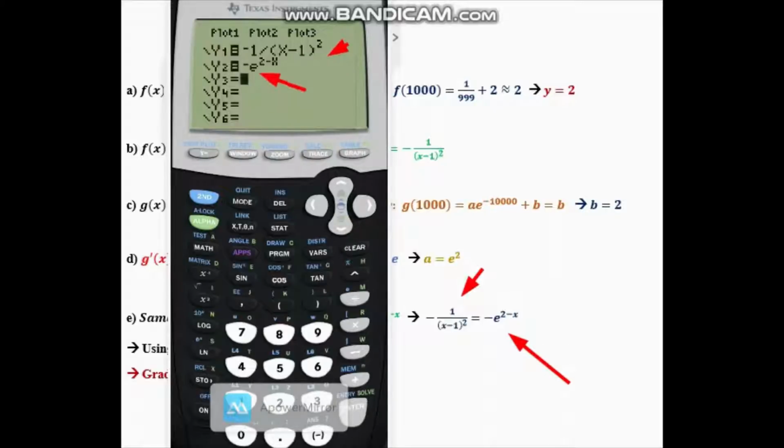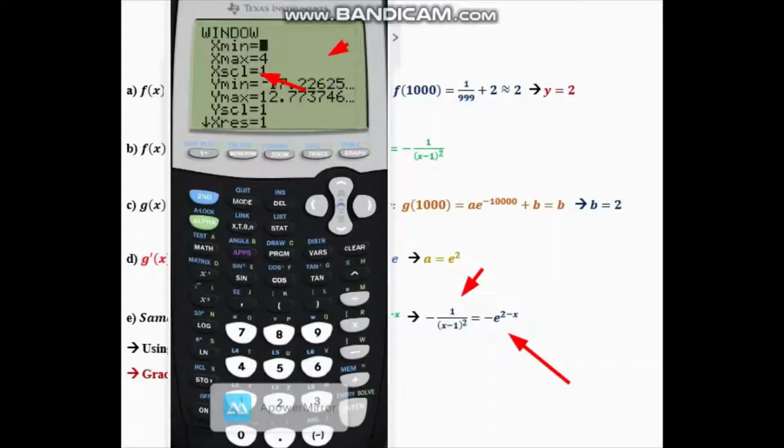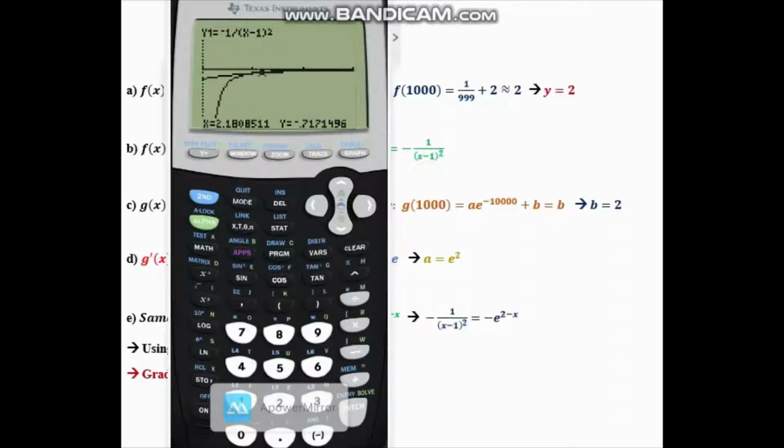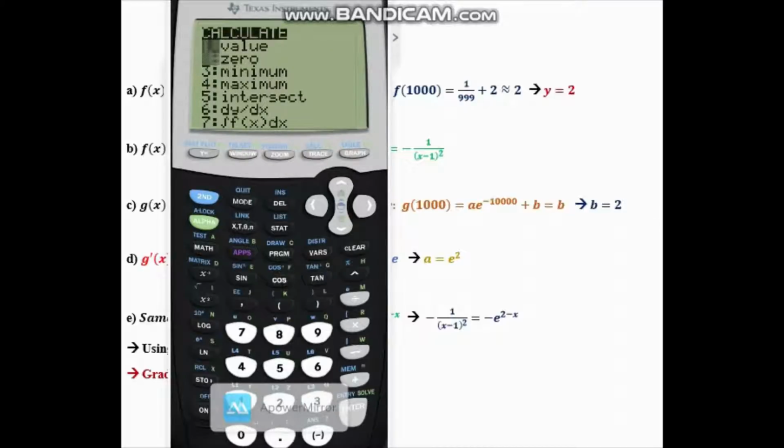And I'm going to set my window according to the given interval in the problem, which was 1 to 4. The y values are achieved by trial and error, so we can just try these values that were already there and see whether they work or not. So there are my two curves. So I shall press on second, trace, find intersection.